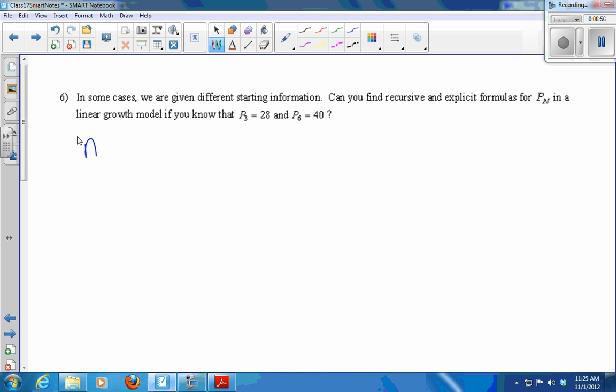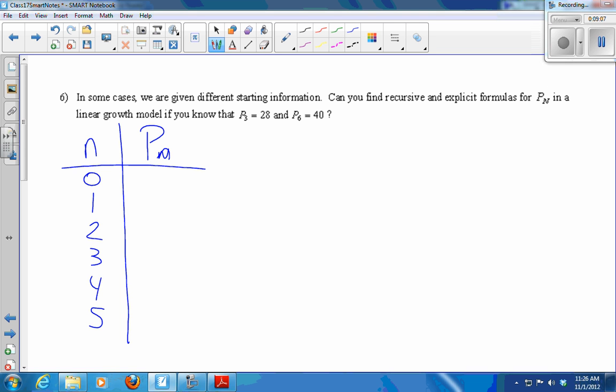So I saw some people make a table and say we have 0, 1, 2, 3, 4, 5, 6, and put in the ones that they know, right? P3 is 28 and P6 is 40. Okay.